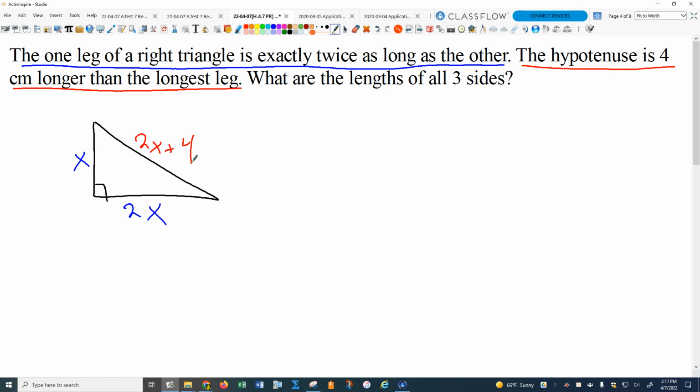Do I have some relationship between the sides of a right triangle? a squared plus b squared equals c squared, which means that leg squared plus leg squared equals hypotenuse squared, right? Okay, so we've got the quadratic equation then. x squared plus 2x squared equals what squared?